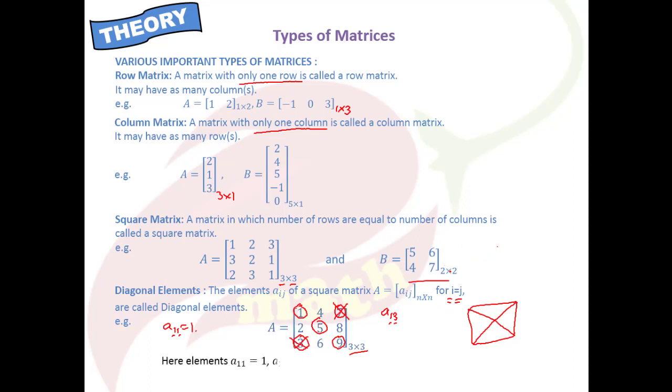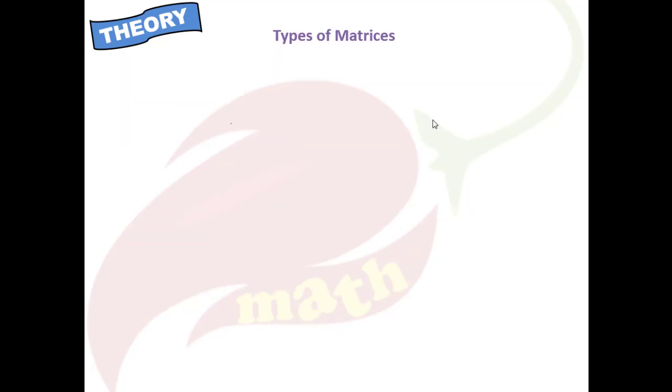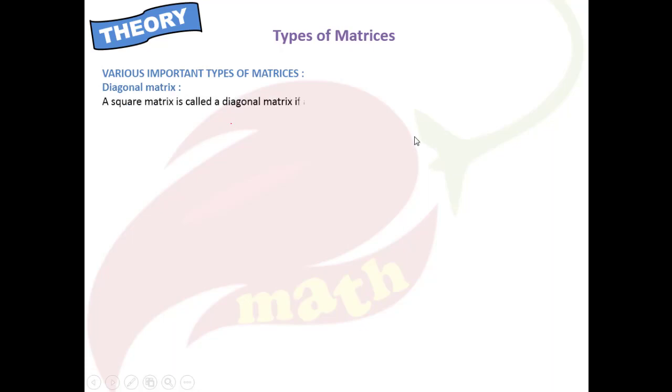Next we have the diagonal matrix. A square matrix is called a diagonal matrix if all the non-diagonal elements are 0. That is, Aij is 0 for all i not equal to j.